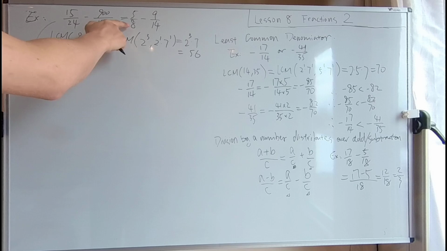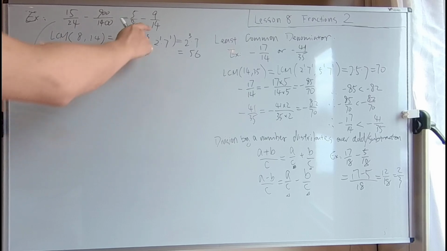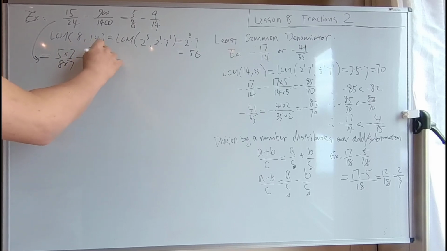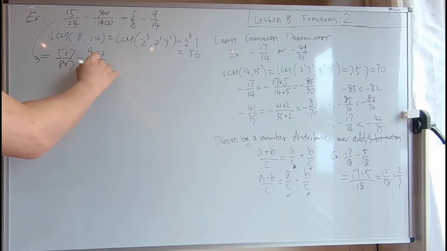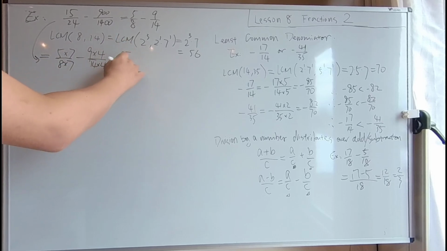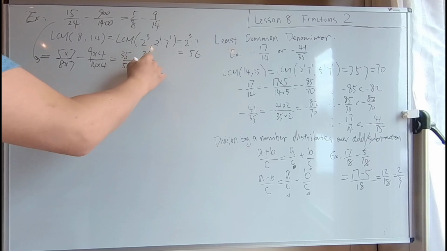So now I have the common denominator. To convert the first number, I need to multiply by 7 on both sides. Converting the second number, I need to multiply by 4. So this gives you 35 over 56 minus 36 over 56.